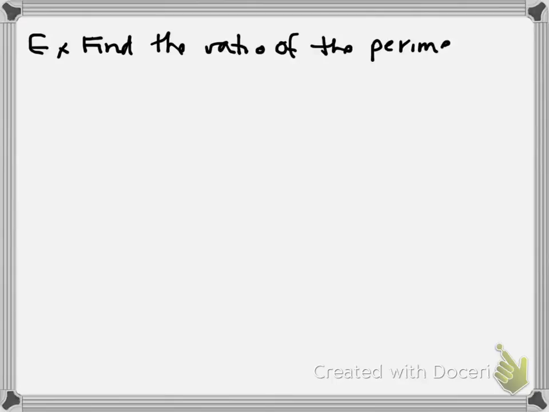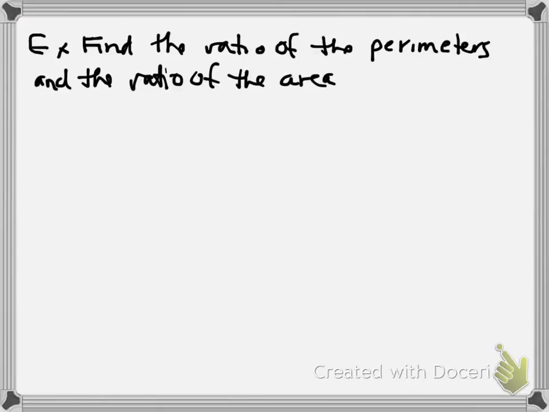So an example is going to ask us to find the ratio of the perimeters and the ratio of the areas of the given figures.